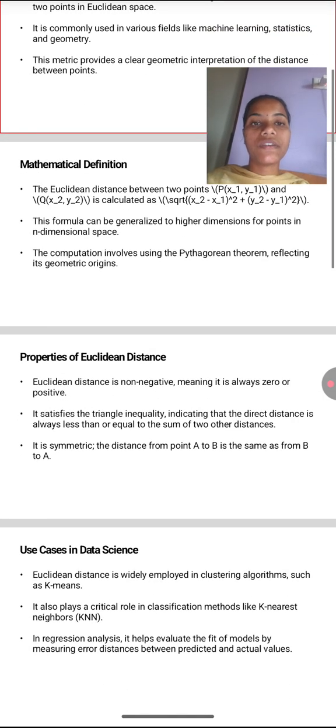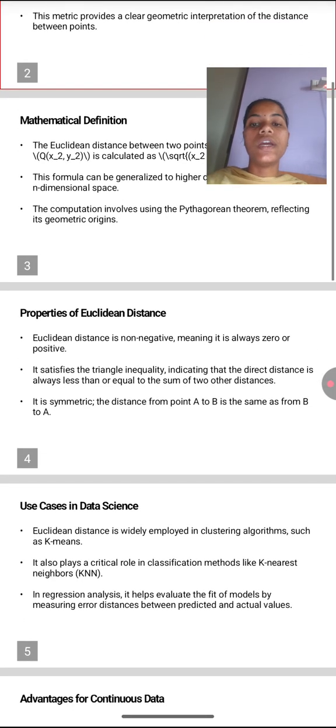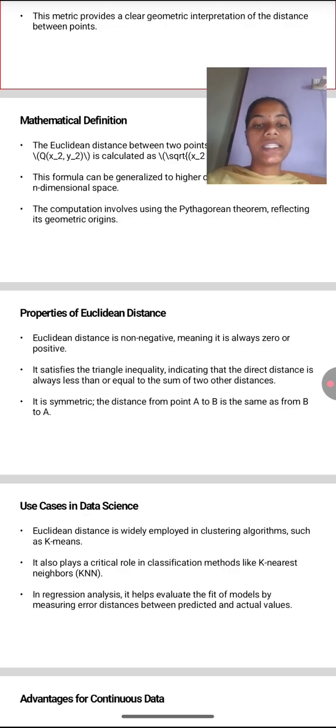So, the properties of Euclidean distance. Euclidean distance is non-negative. It means it doesn't take any negative values, so it is always zero or a positive value. It satisfies the triangle inequality, indicating that the direct distance is always less than or equal to the sum of the other distances.